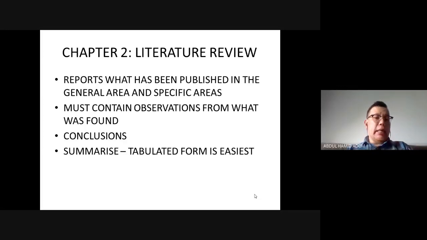And finally, you should summarize what you report in chapter 2. Tabulated form is the easiest. What is tabulated form? That means you put it in a table.